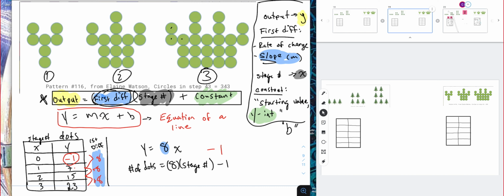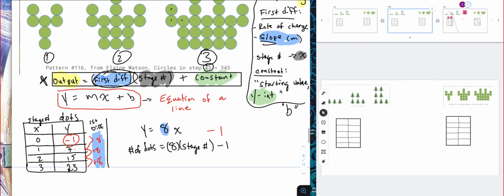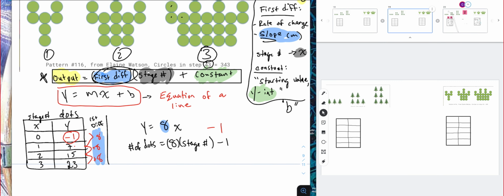So if I asked you how many dots are going to be in stage 43, then you're going to put the 43 in here, right? And so the number of dots, or y, is equal to 8 times 43 minus 1. Okay, that should be 343.